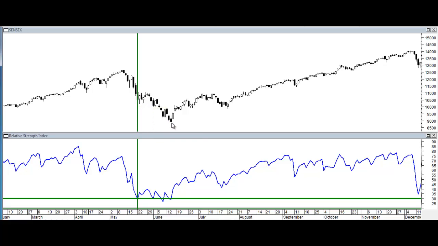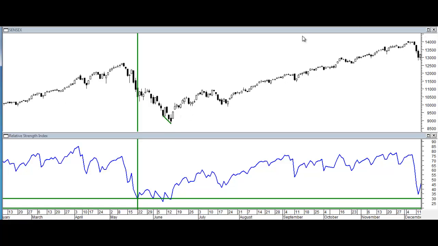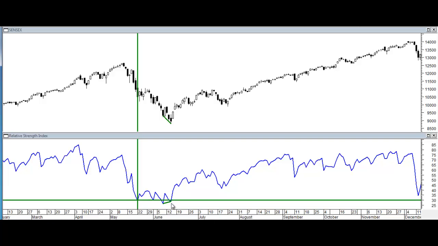So in this particular example, we will look at the overall bottom of this RSI, which is around the 30 to 28 zone. And in the last fall, which happened from this zone, RSI made a positive divergence over here.